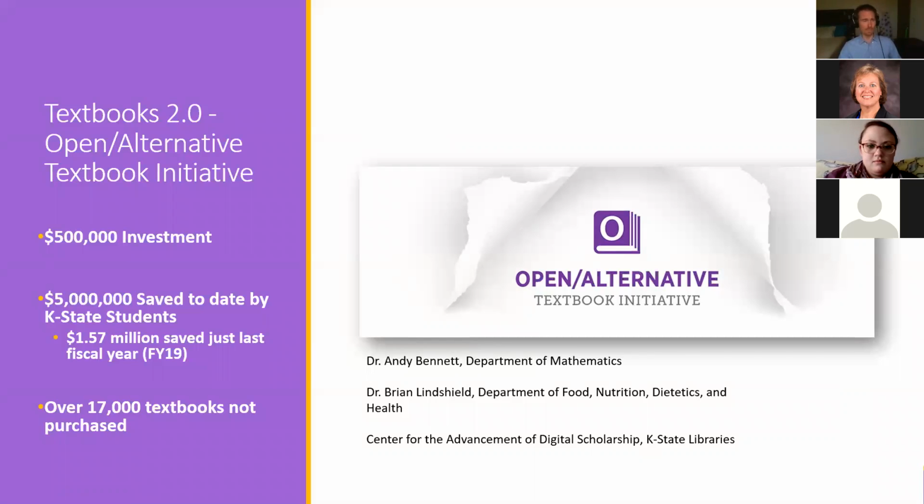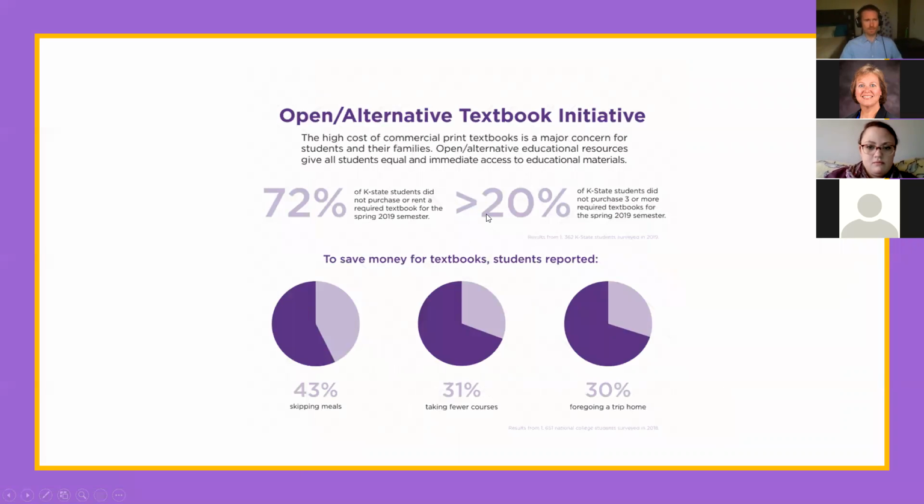Just last year as well, over 17,000 textbooks were not purchased by our students. OER has a multiplying effect. Once you create it, once you have it in place, the continuity is so powerful, not only for your own class, but being able to share that out and making tremendous impacts all over the world.